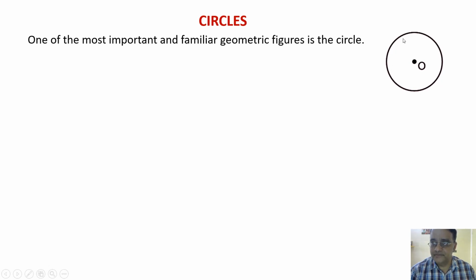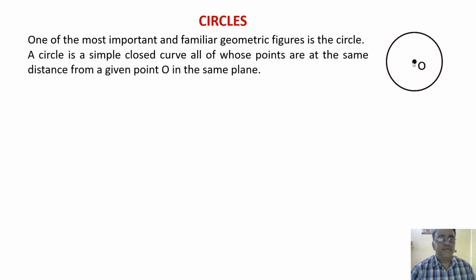This is O. Whatever points you take, it is the same distance from this point. So a circle is a simple closed curve, all of whose points are at the same distance from a given point O in the same plane.